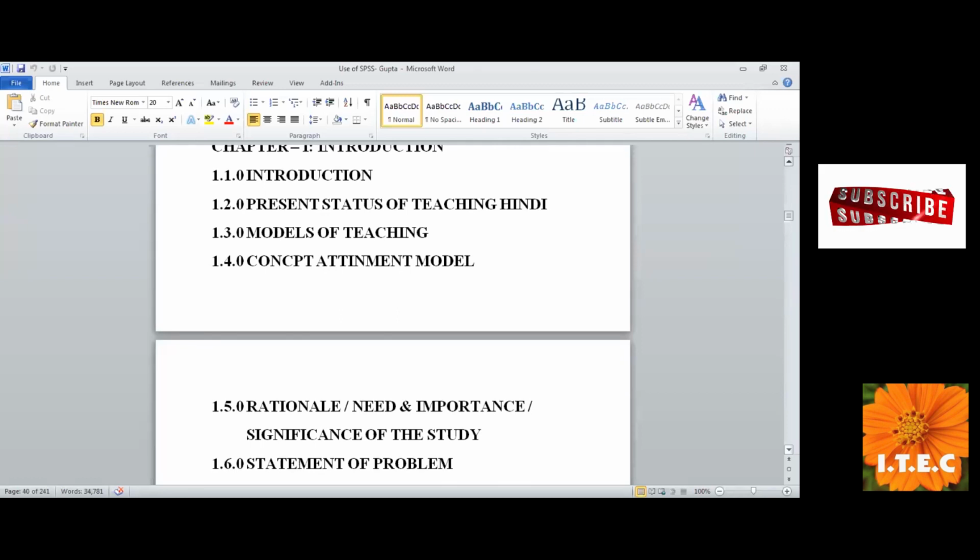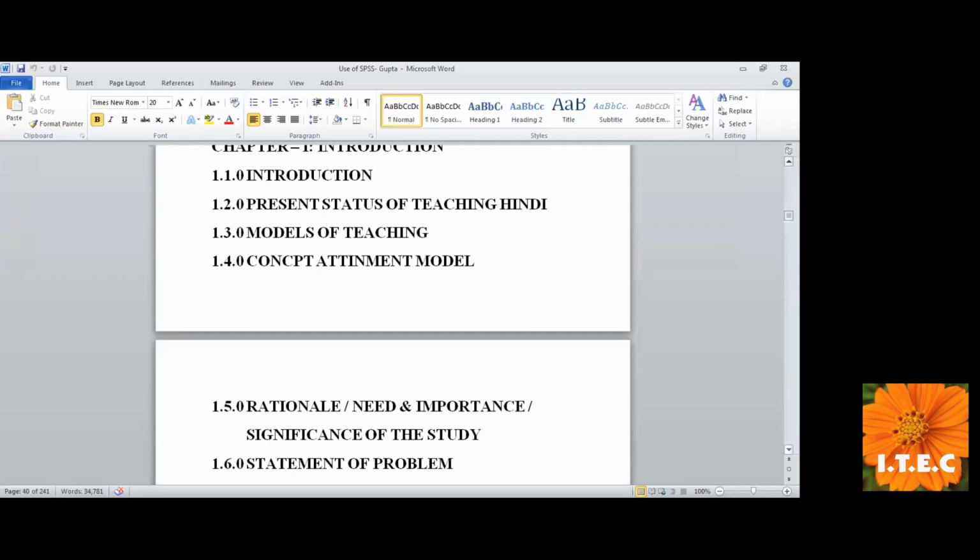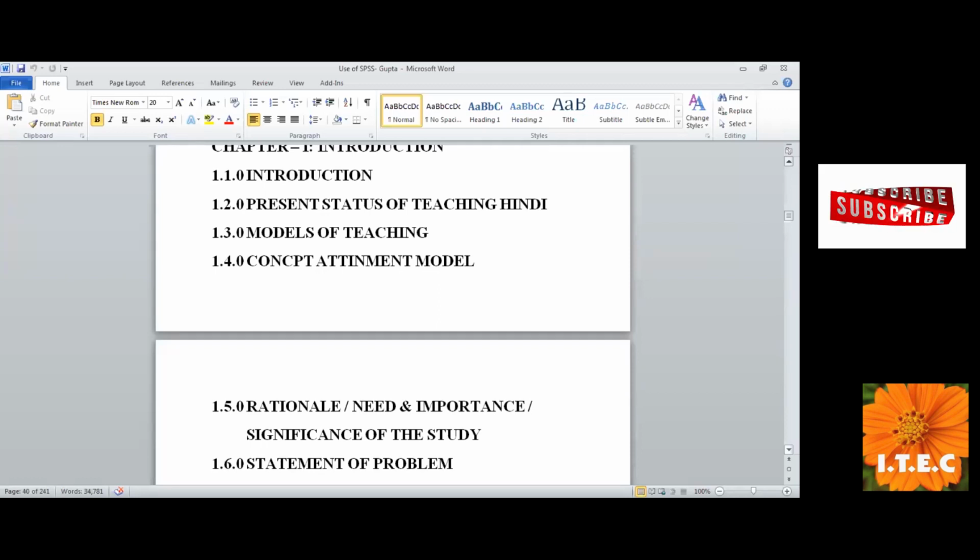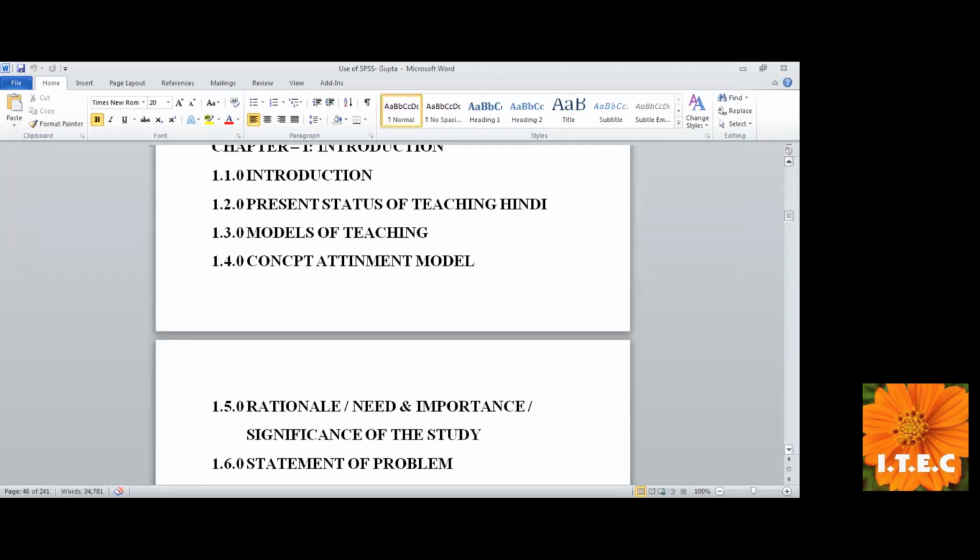Why this research was undertaken should be explained first, before you give even the statement of the problem as well as the objectives of the research. But unfortunately, in a large number of theses I came across, these two things were not given after the rationale, after the significance of the problem.